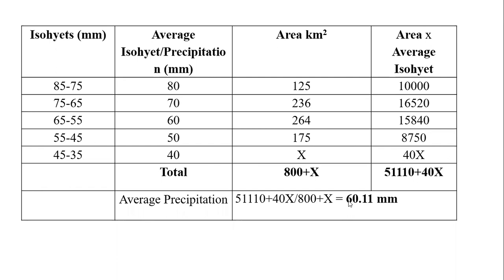So average precipitation is given as 60.11 millimeter. Then the numerator, that is the product of the area and the average isohyet, is 51,110 plus 40X upon the summation of the area, that is 800 plus X.